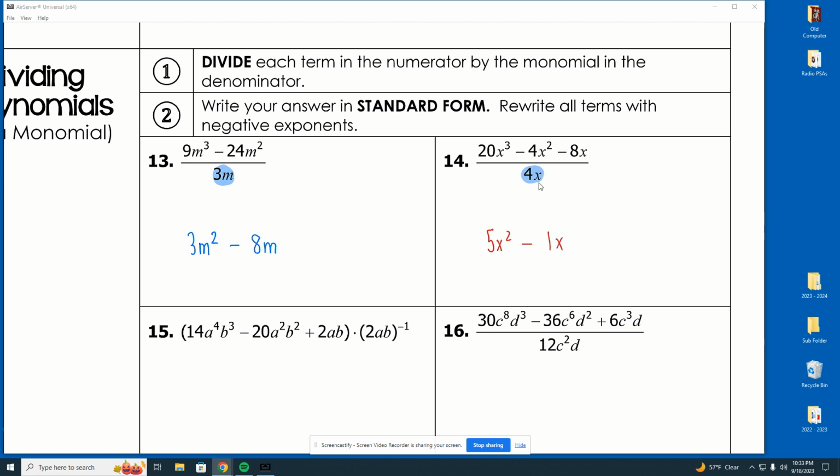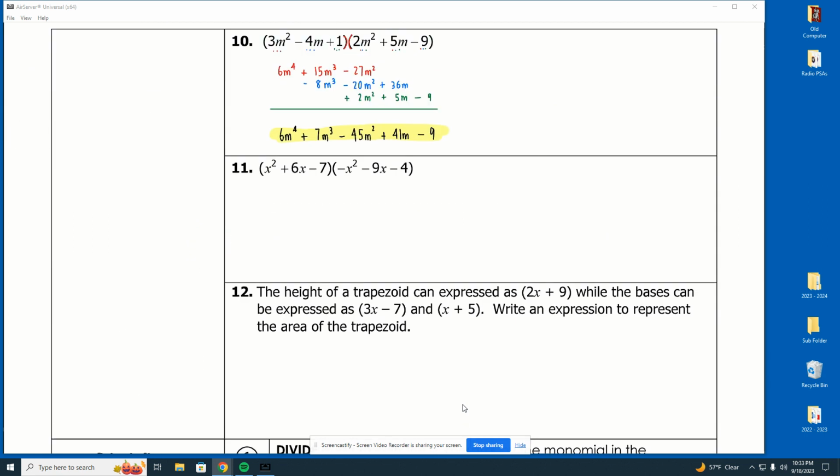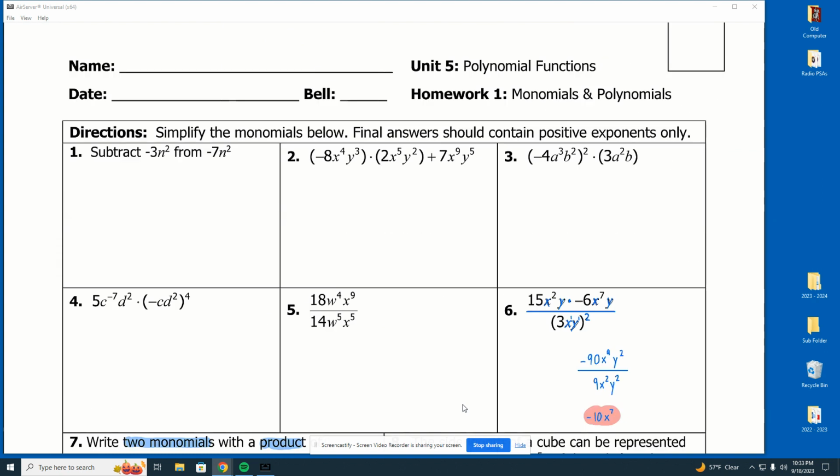So negative 1x. You don't have to have the 1 there if you don't want. You could erase it. It doesn't matter. And then lastly, what's negative 8 divided by 4? Negative 2, and x divided by x cancel. So that's 5x squared minus x minus 2. So that's division.